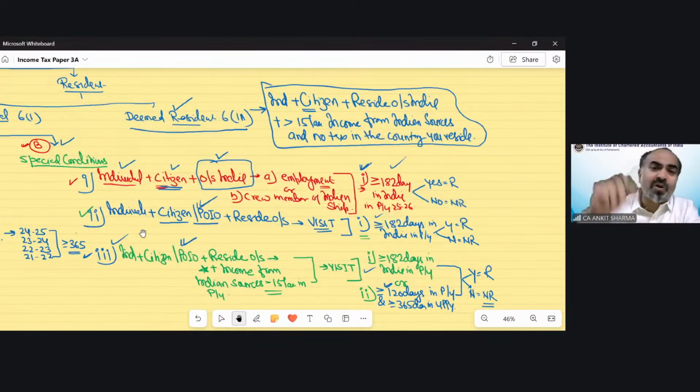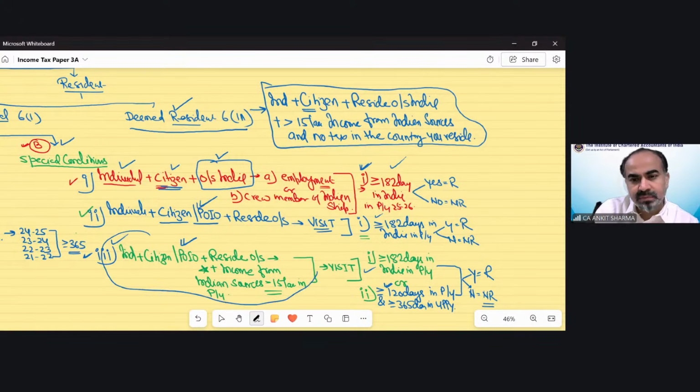If you fulfill the conditions as I have mentioned in the deemed resident case, you will automatically be a deemed resident. So can you spot the two main differences between the third point of the B category conditions and the deemed resident condition? There are two differences.